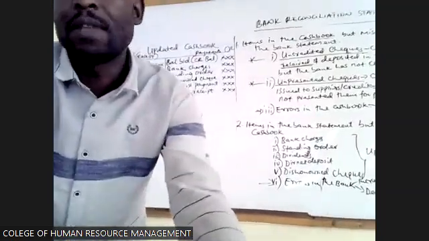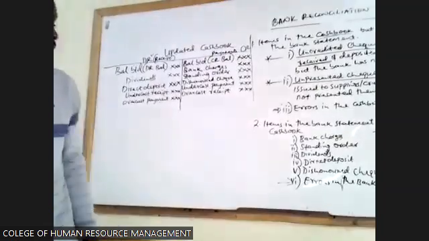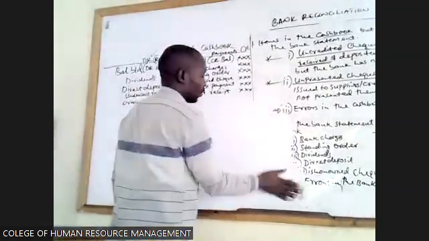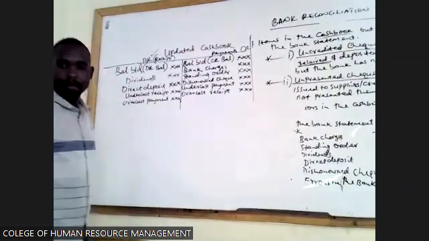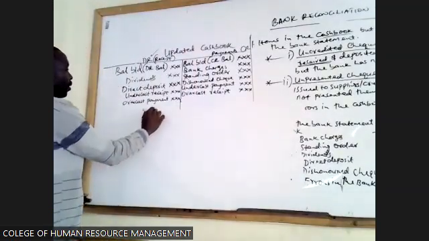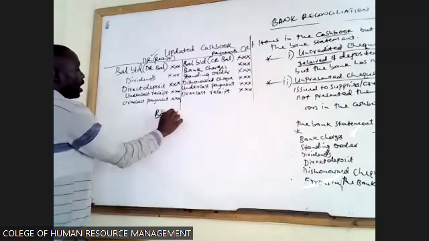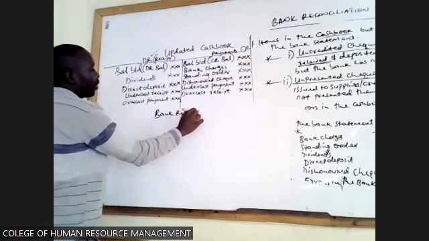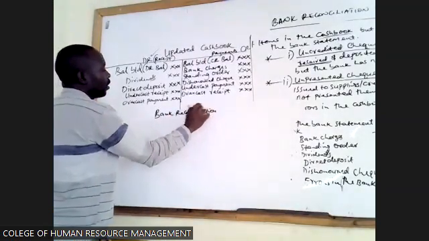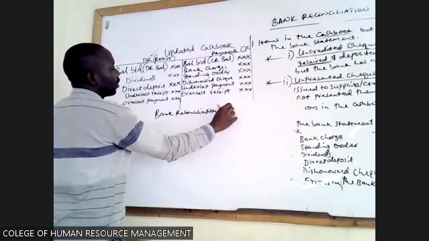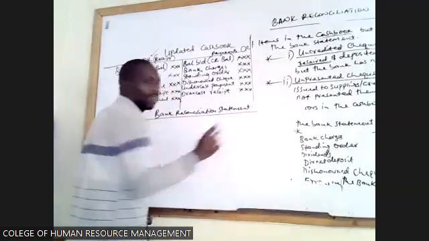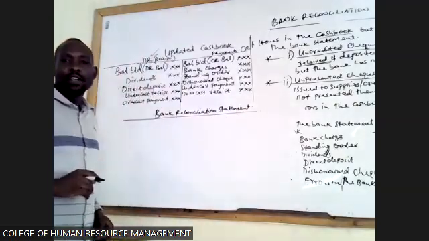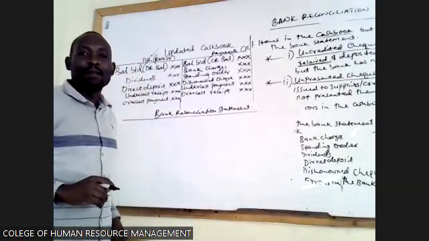We have got two formats that we normally use. Bank reconciliation statement. It is a statement, it is not an account, so we don't have a T account here.